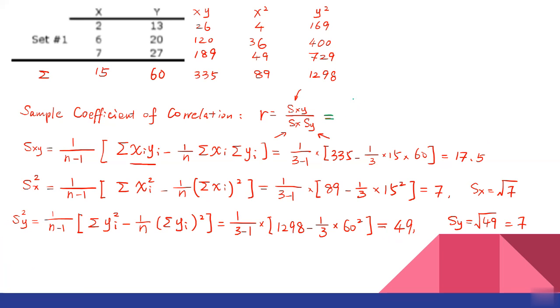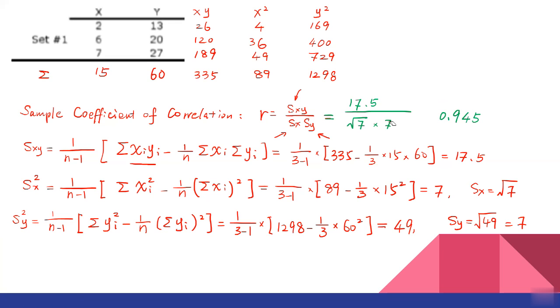Okay, this equals 17.5 over square root of 7 times 7, right? And then now we have the coefficient of correlation, which is approximately 0.945. Okay?